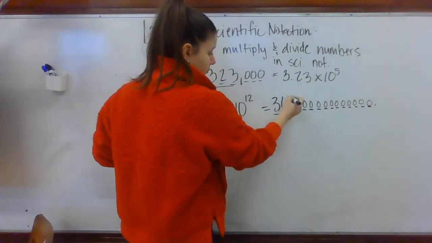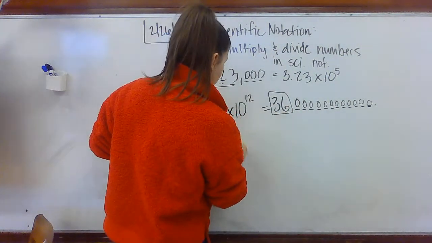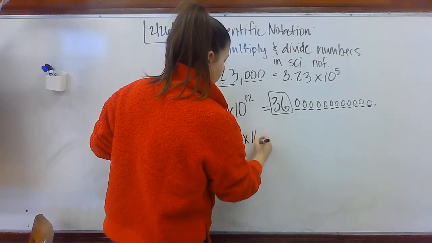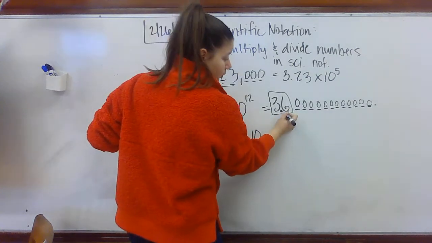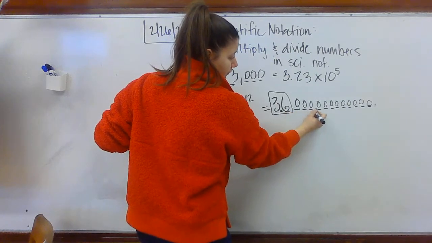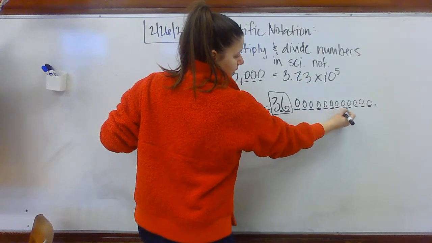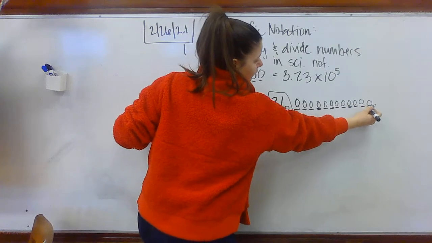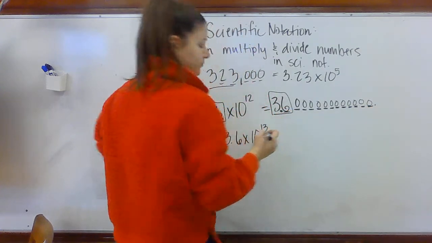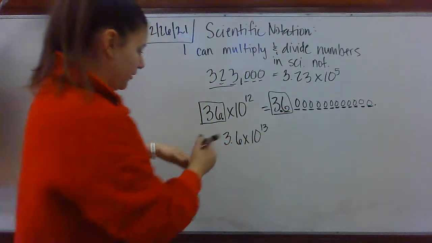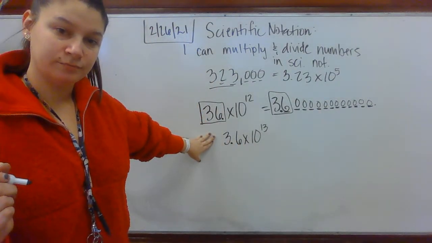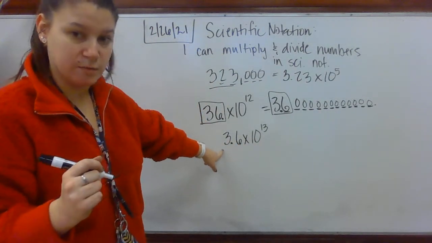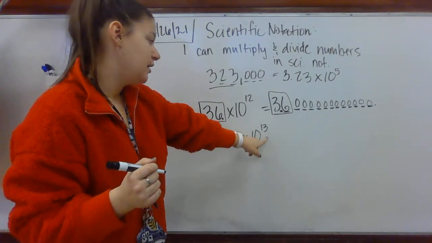So I'm going to use 3.6 as my significant digits. From here, I have to move it 1, 2, 3, 4, 5, 6, 7, 8, 9, 10, 11, 12, 13 places. Now, this one is correct scientific notation, because this coefficient is between 1 and 10, and it's a power of 10, okay?